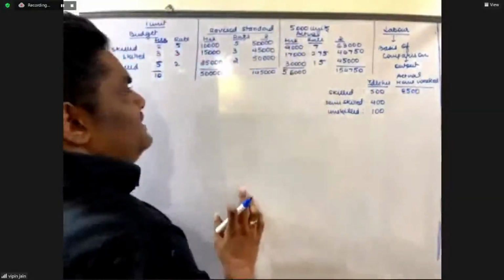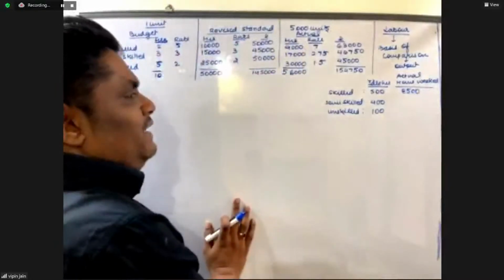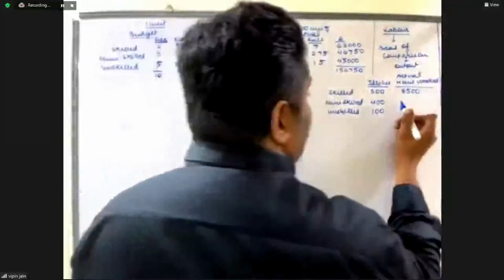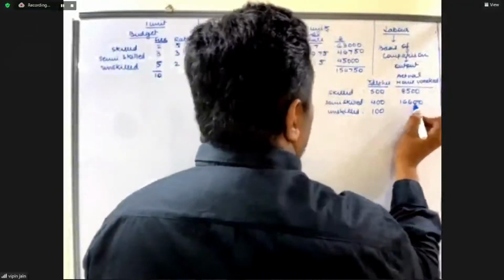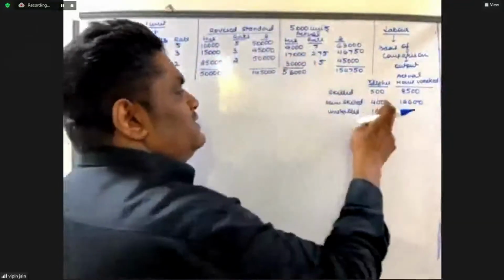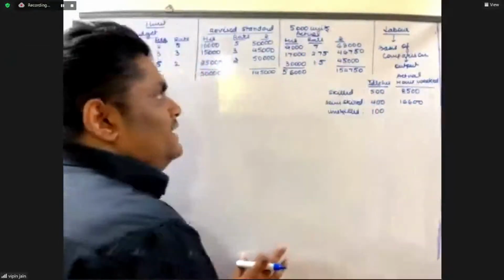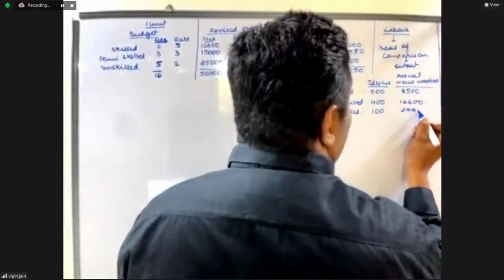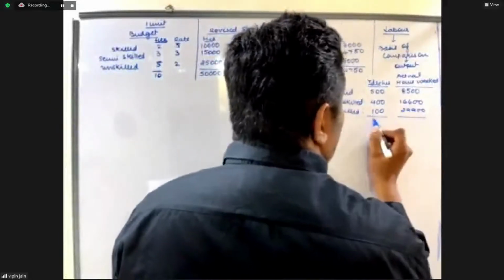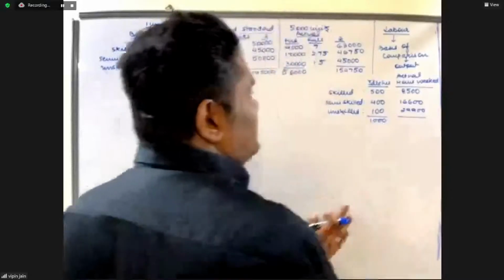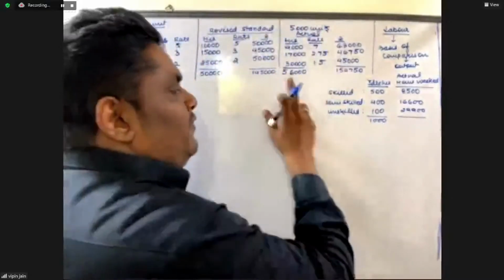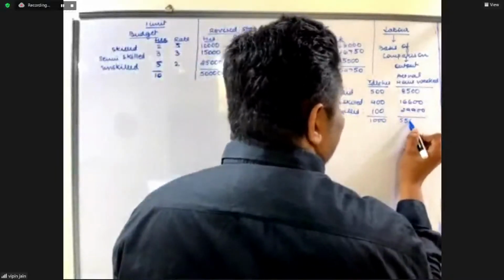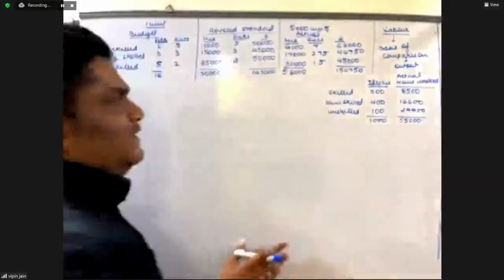Again, to the semi-skilled workers, we are paying for 17,000 hours, but the workers actually worked for 16,600 hours only. That is 17,000 hours minus 400 hours, that is 16,600 hours. And similarly, in the third case, it is 29,900 hours. So total 1,000 are the number of idle hours. Out of 56,000, 1,000 hours are idle hours. It means the workers actually worked for 55,000 hours.